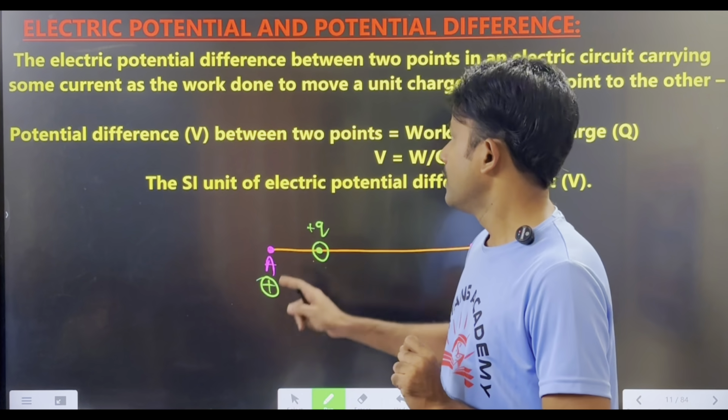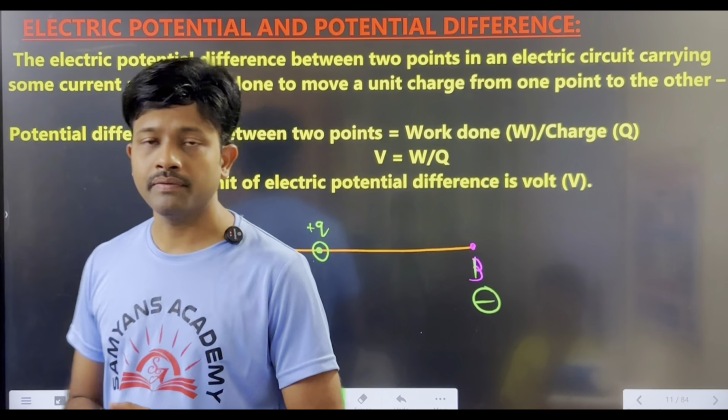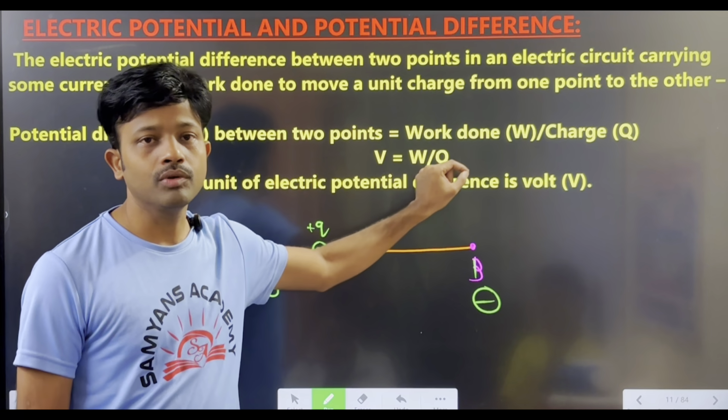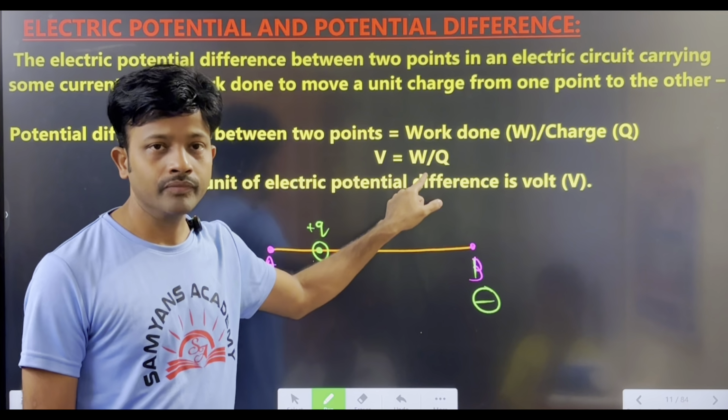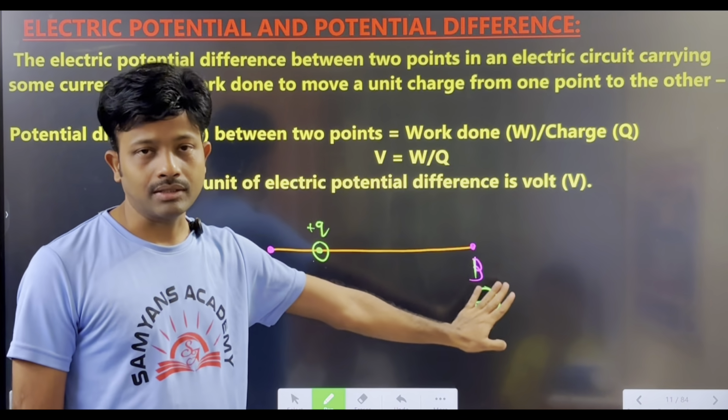Is it clear? This potential difference between these 2 points we can define as work done on unit charge. So V equals W by Q, where W is the work done to move the charge from one point to another point.